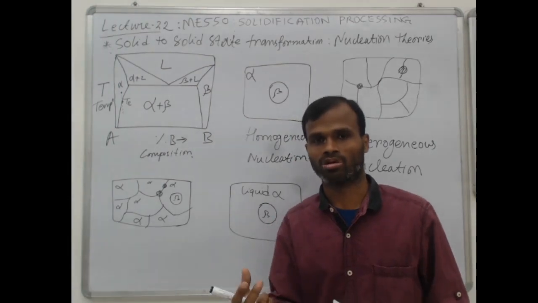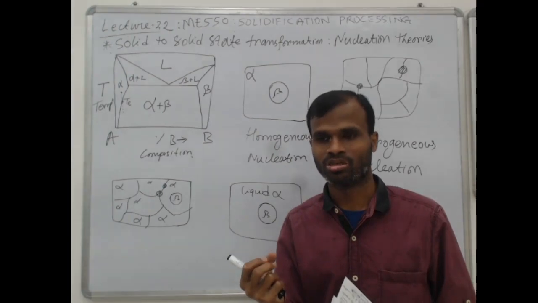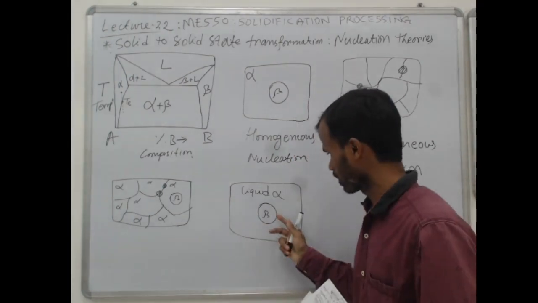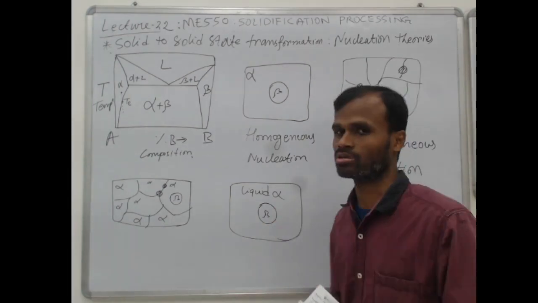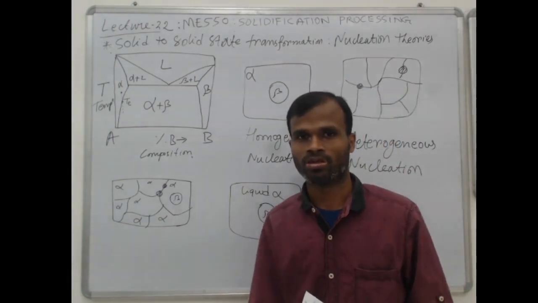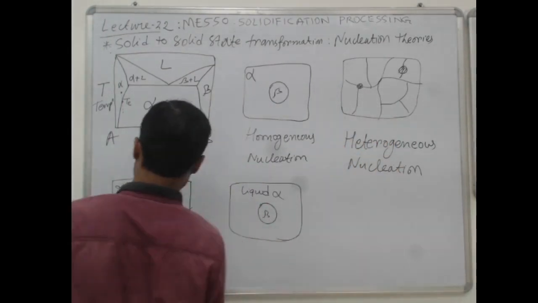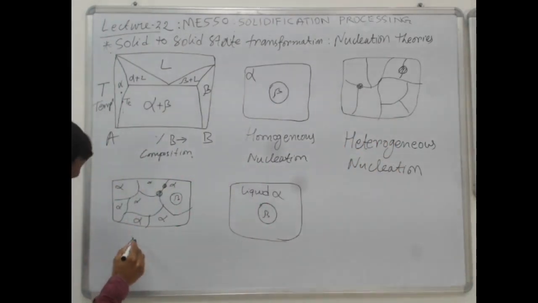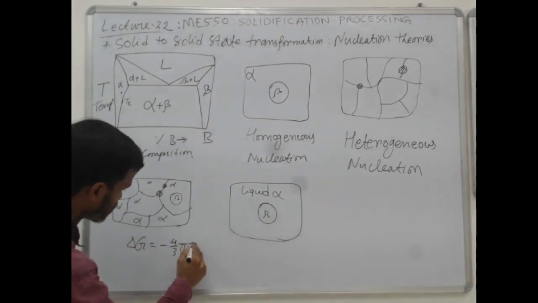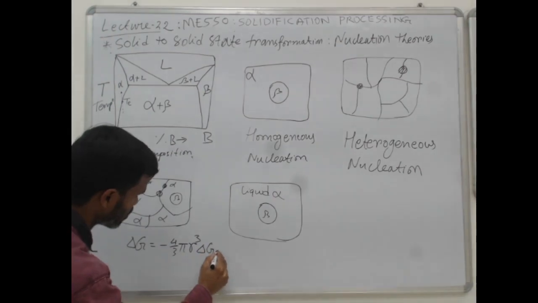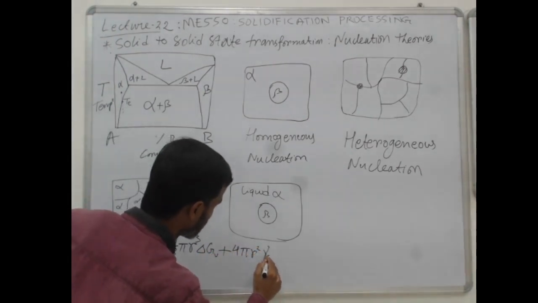Liquid has the property of a fluid, so it will not be able to resist stress due to the variation in the volume or the densities of the two phases. You remember that when we derived all these nucleation theories, for homogeneous and heterogeneous nucleation, delta G equals minus 4/3 pi r cubed delta G_V plus 4 pi r squared gamma_SL.